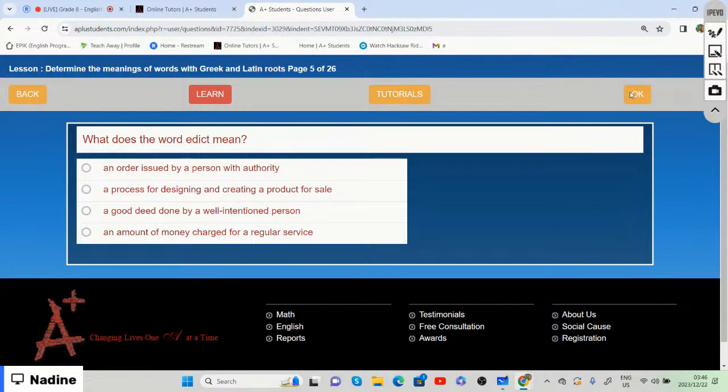Is it an order issued by a person with authority? A process for designing and creating a product for sale? Or a good deed done by a well-intentioned person? Or is it an amount of money charged for a regular service? This is now the word edict.